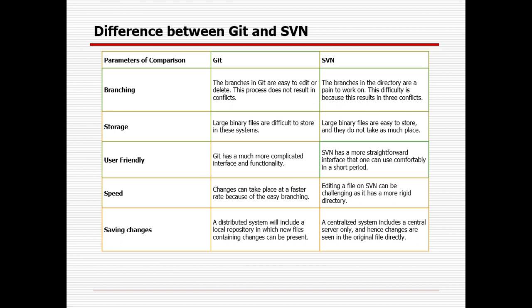Saving changes. A distributed system will include a local repository in which new files containing changes can be present. A centralized system includes a central server only, and hence changes are seen in the original file directory. So these are the basic differences between Git and SVN. Sometimes the interviewer can ask you, so please be ready. Most important questions: Git and SVN difference as well as Git and GitHub difference.